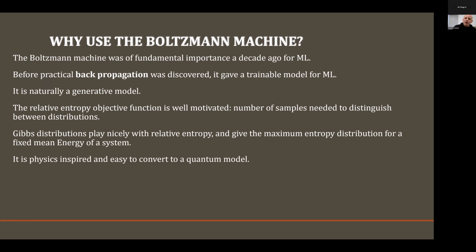But the reason that I think is most relevant to this community is the fact that it's physics inspired. And because it has a Hamiltonian, it's by far the easiest neural network model to convert into a quantum neural network model.